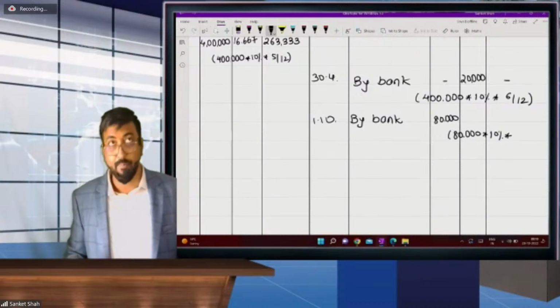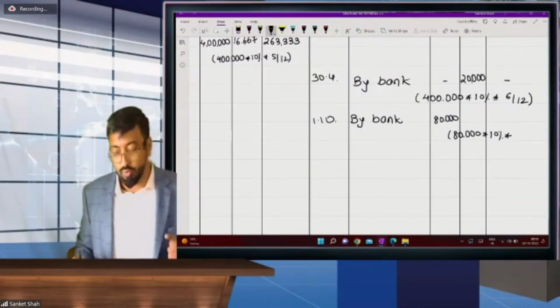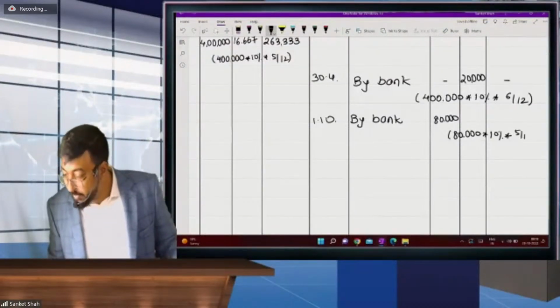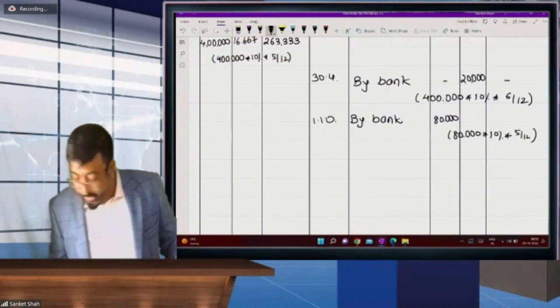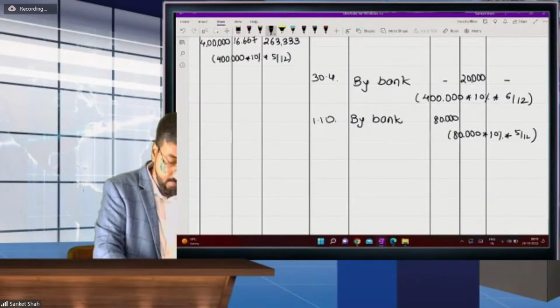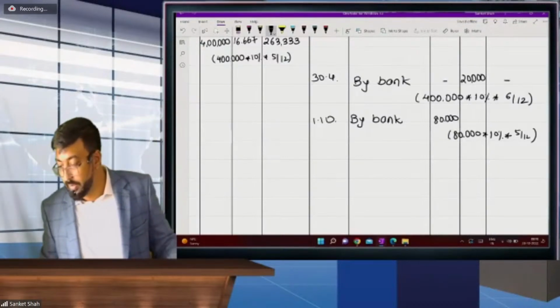Now April को last payment किया था. May, June, July, August, September. Again 5 months. 80,000 into 10% into 5/12. 3,333.